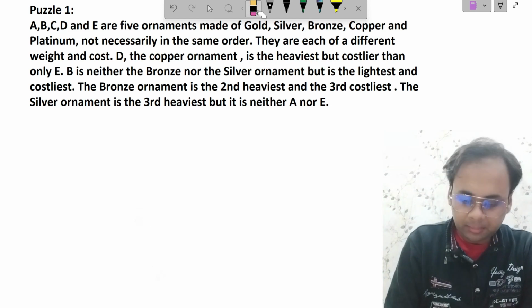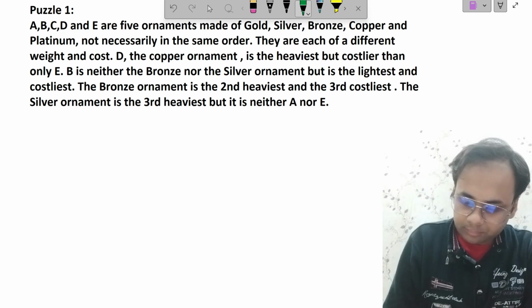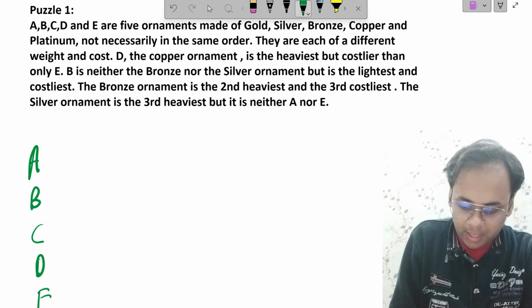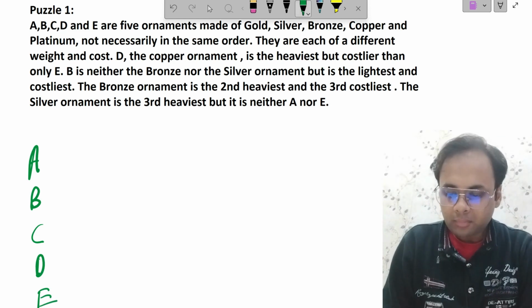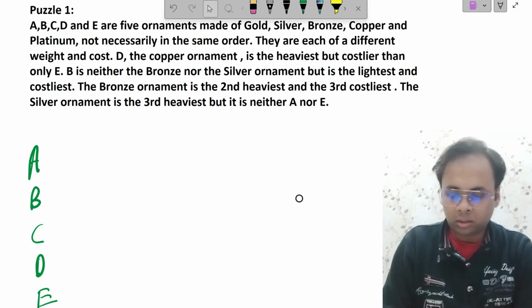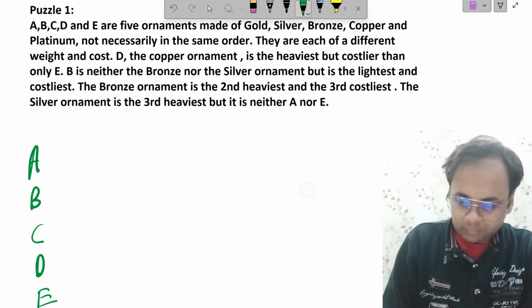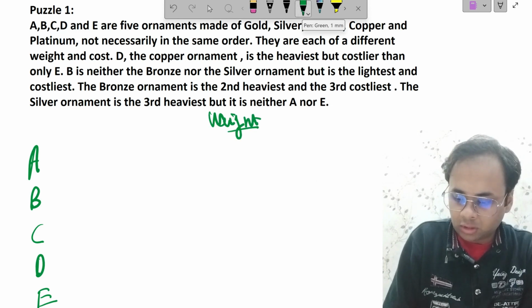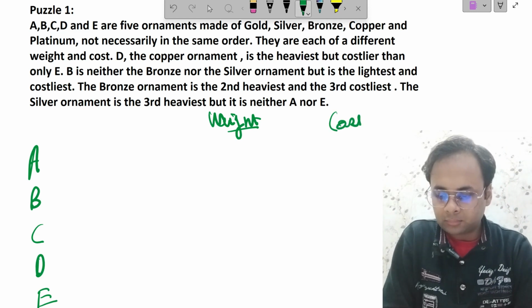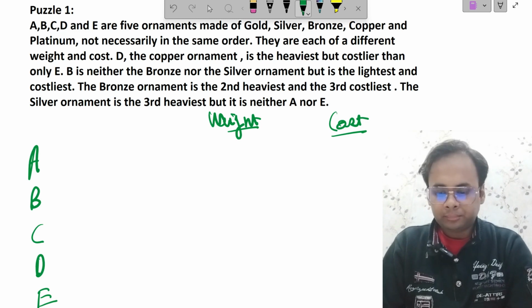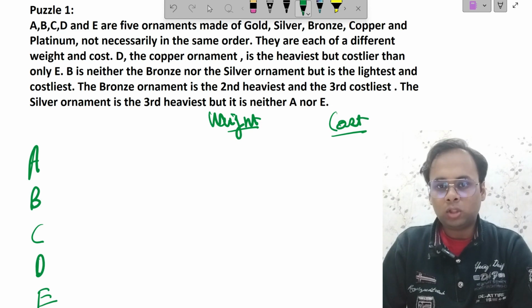The ornaments are A, B, C, D and E. Let us measure them by their 2 attributes, which are weight and cost. They are each of a different weight and cost, so weight and cost cannot be the same for them.